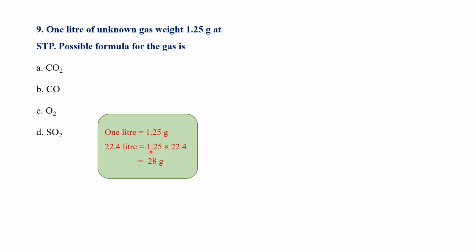So 1.25 multiplied by 22.4, we will cross multiply it, so we will get 28 gram. So 1 mole of that gas will have mass 28 gram. So among all these options, which one has 28 gram? That is carbon monoxide.